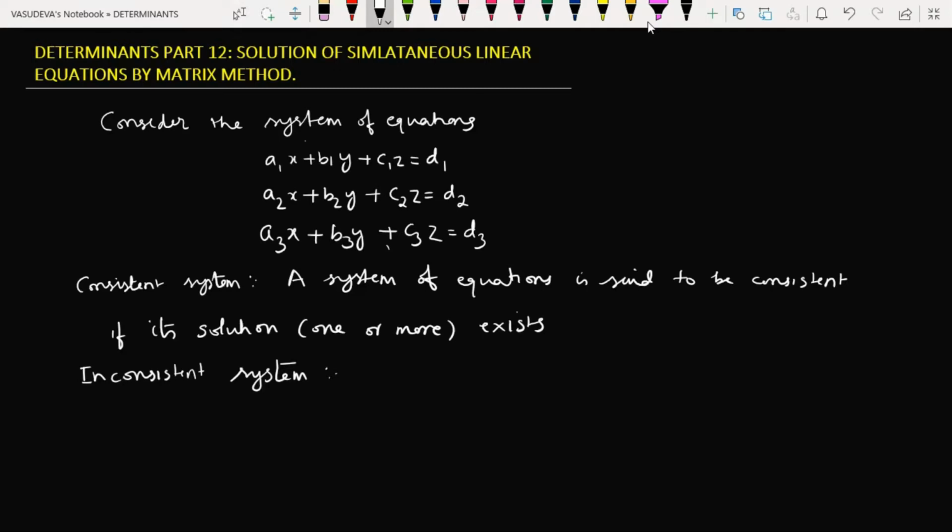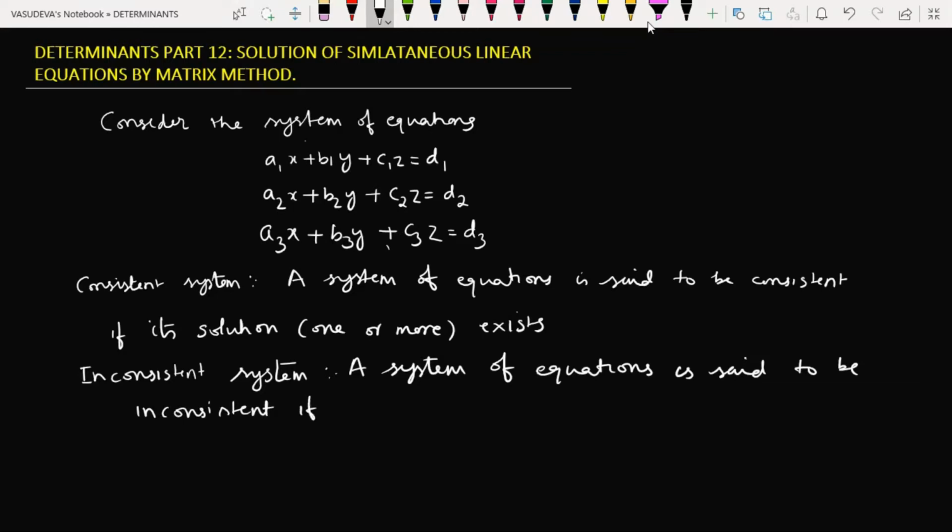So now write the concept. A system of equations is said to be inconsistent if its solution does not exist.